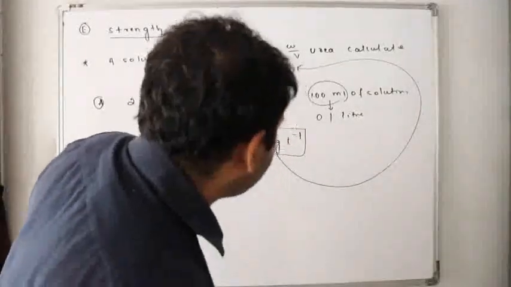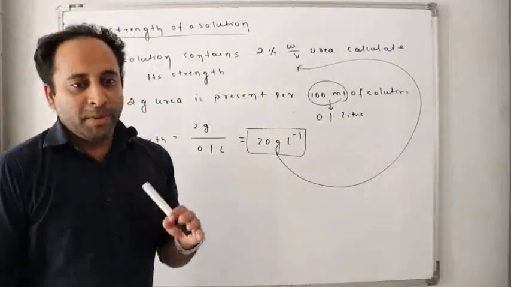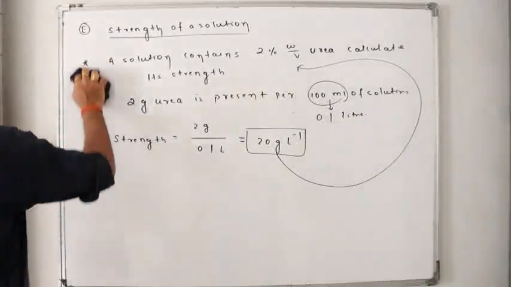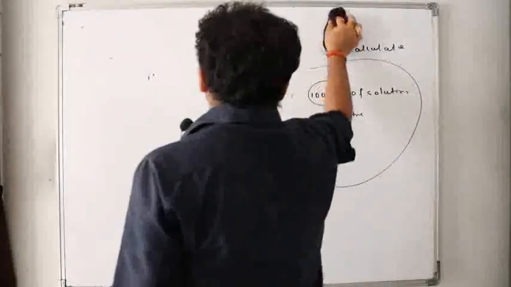So what is the next method of expressing the concentration? The next method of expressing the concentration is ppm. Now let us go for understanding the ppm. What is ppm?